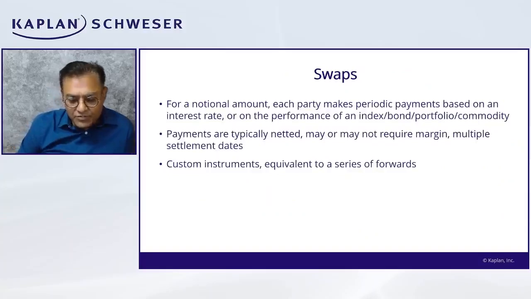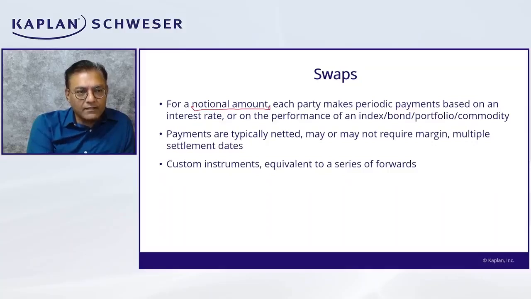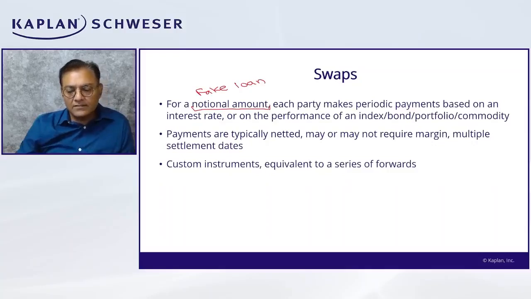Now, the next instrument we're going to talk about is swap contract. Swap contract, basically, there is a notional amount, notional or fake loan amount, specified in a swap contract.